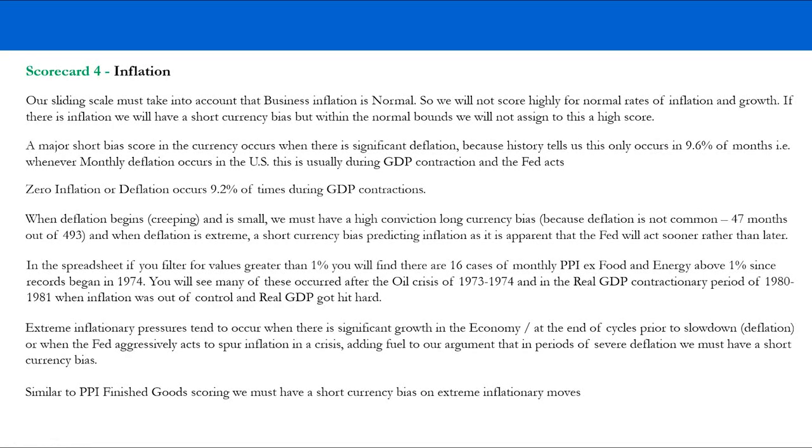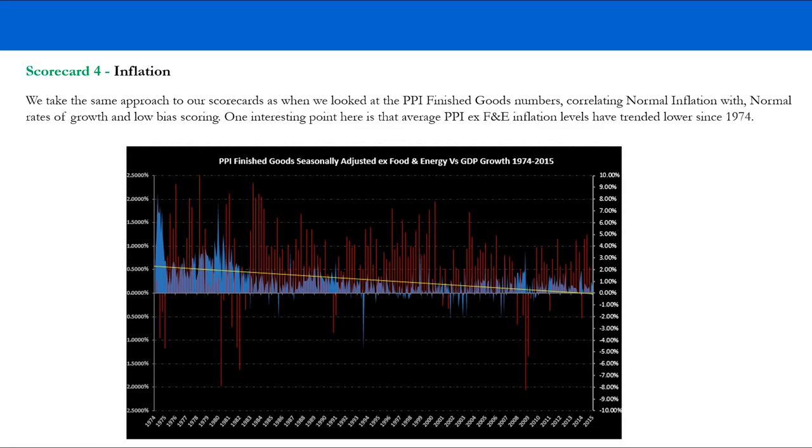Now, if we go through the same process as earlier and we start to look at inflation against our GDP stats pictorially, we can start to map onto our PPI numbers, our monthly percentage changes.